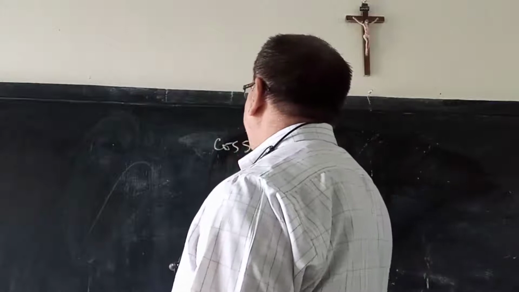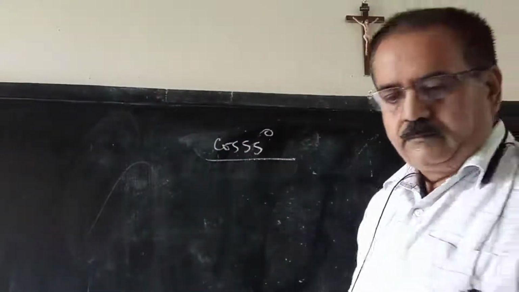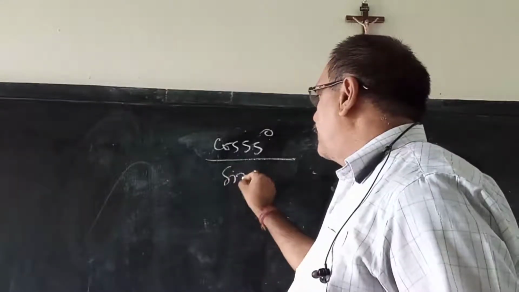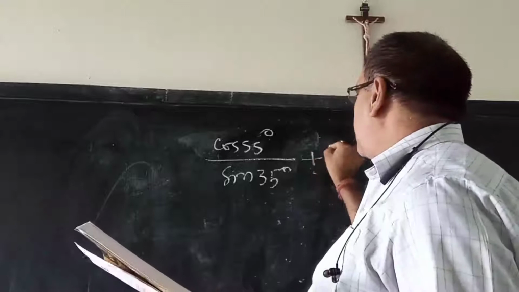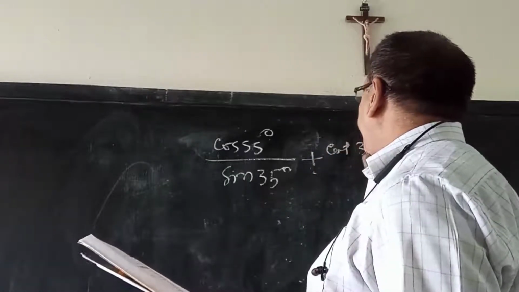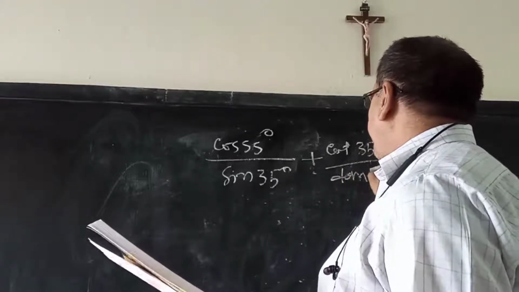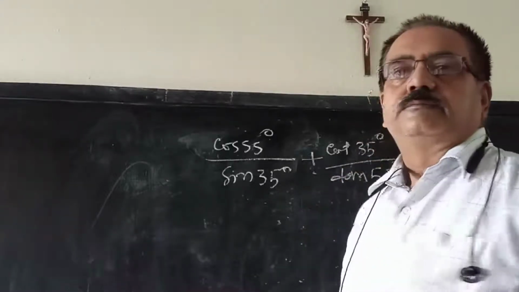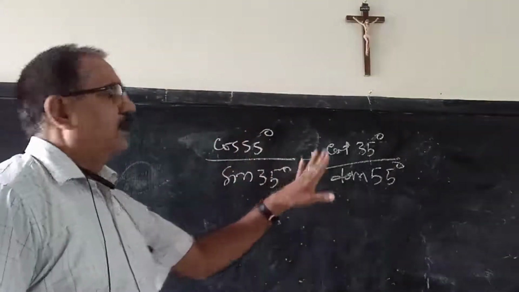Cos 55 degree by sin 35 degree plus cot 35 degree by tan 55 degree. These are not standard angles.